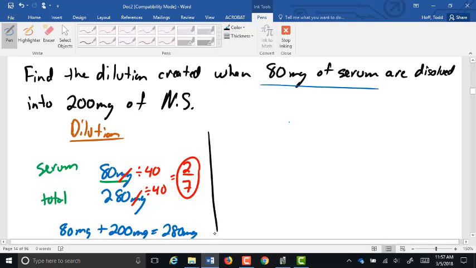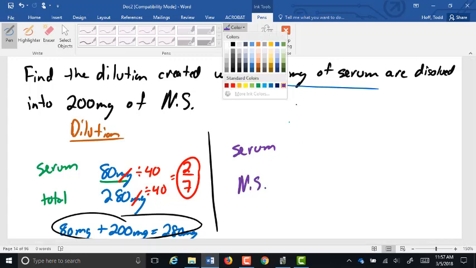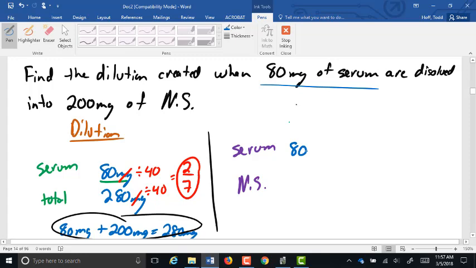Another way we could have gone about that without adding these together would have been to simply look at our ratio of serum to saline. We had 80 milligrams of serum to 200 milligrams of saline. We reduce. Milligrams cancel out.